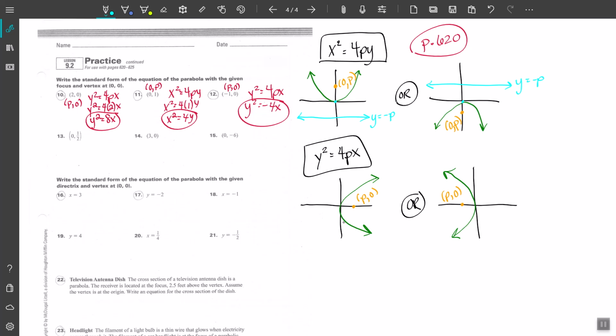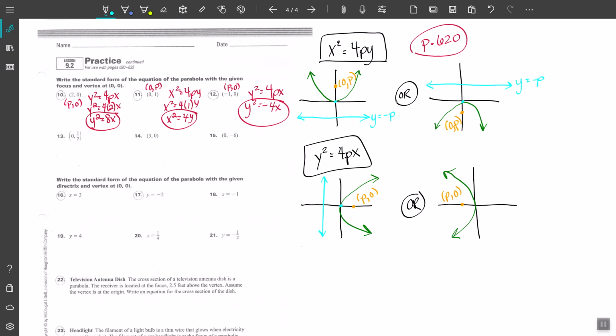On the bottom two, our y squareds, the directrix is going to actually run through an x coordinate. So this is going to be a vertical line through an x coordinate, but we have the same scenario presenting itself. Here's my vertex, it's p units this direction. My directrix is going to be p units the opposite way.